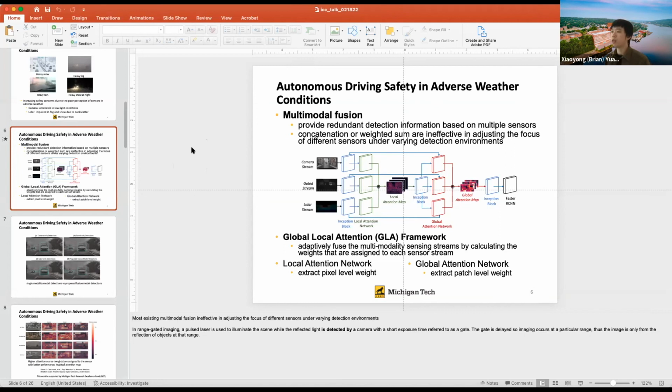But our neural network design is pretty lightweight. You can see that we just add two blocks before the local attention map, and then two blocks of the global attention map. The rest of the blocks are similar. We follow the standard object detection framework, the Fast R-CNN.